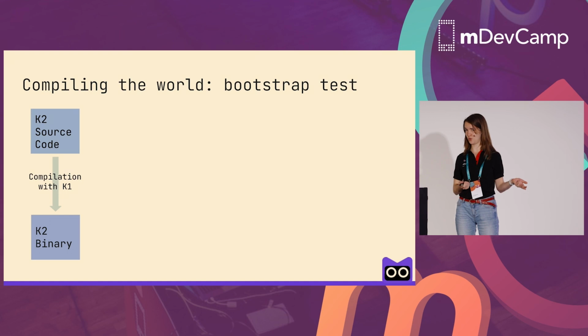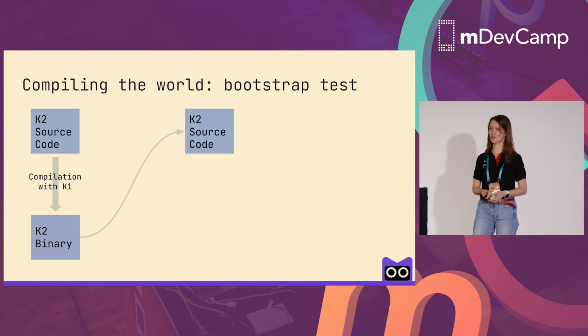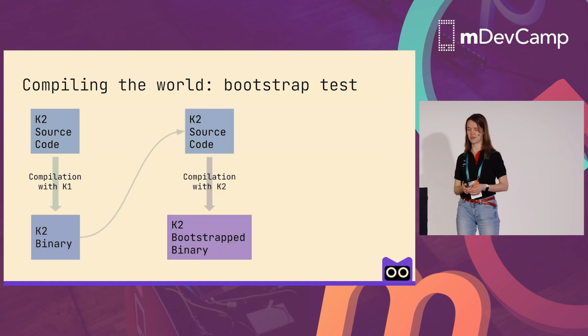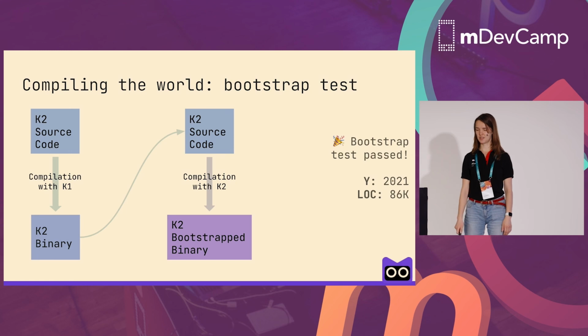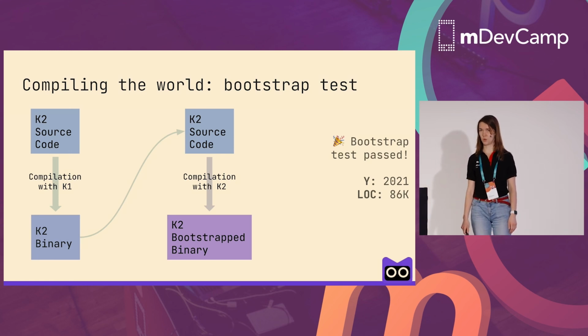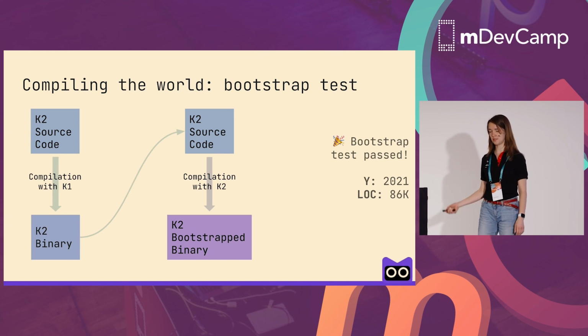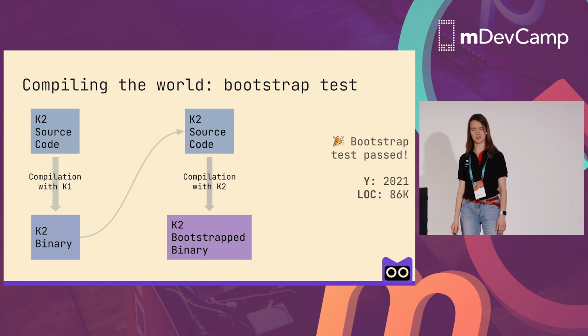Now we have the K2 compiler. So we take the source code again, and we compile it with the K2 compiler. We have the K2 bootstrap compiler. This test started to pass 2 years later, in 2021. And by this time, we had 86,000 lines of code to just be able to compile Kotlin projects.